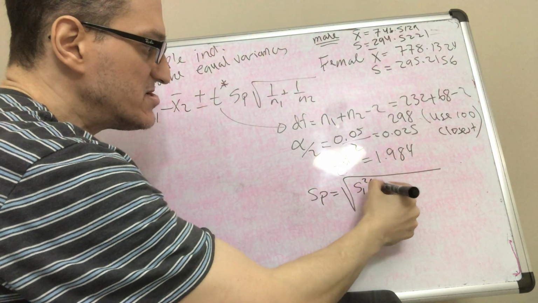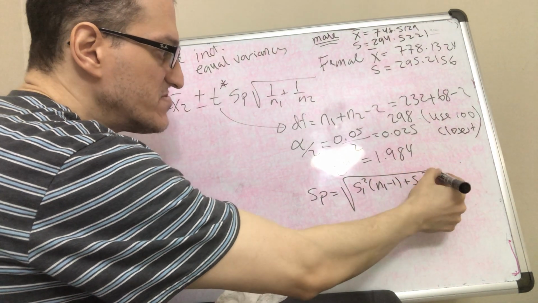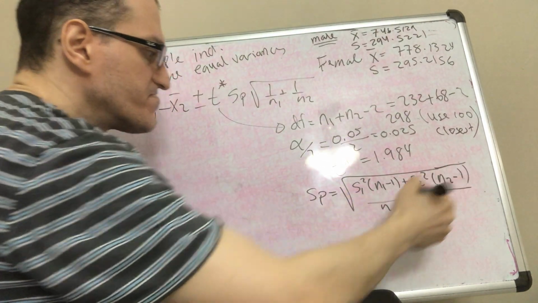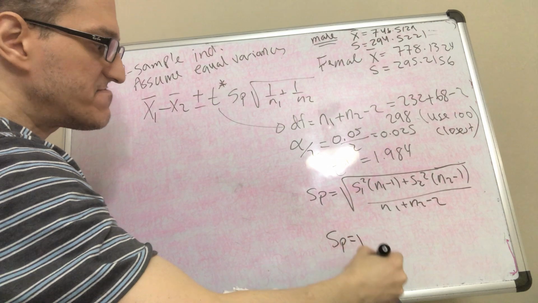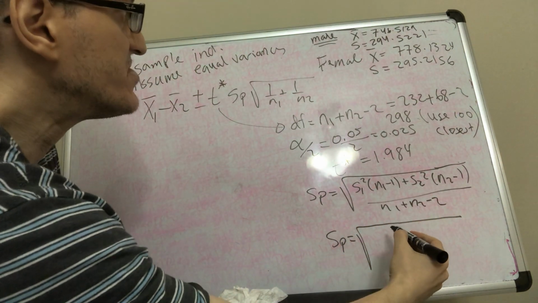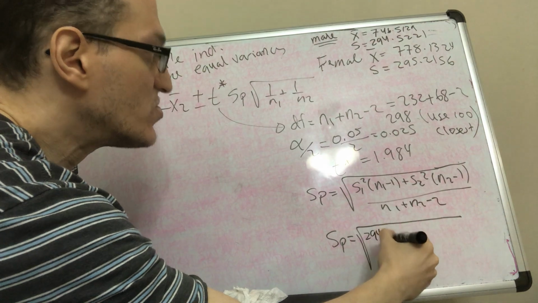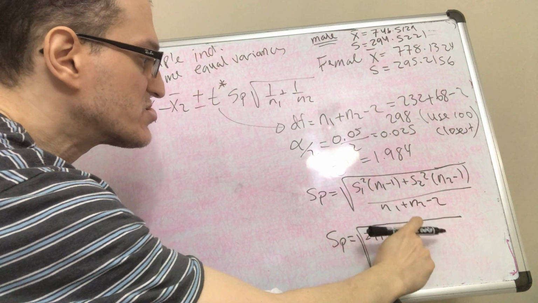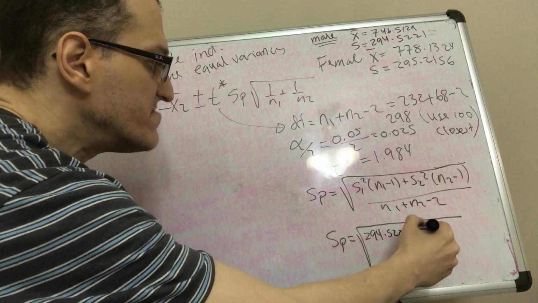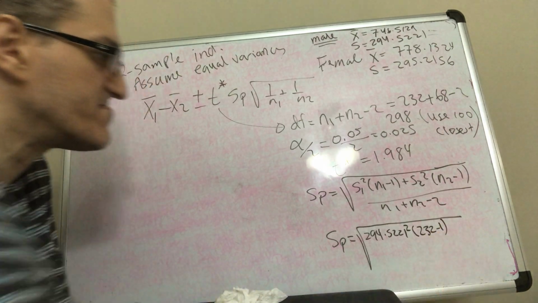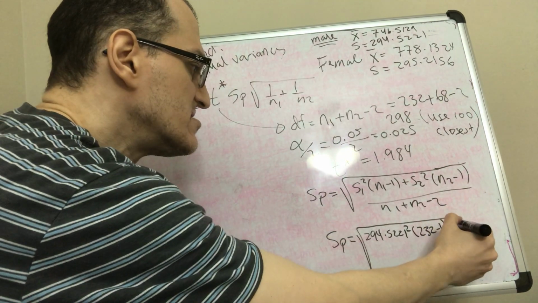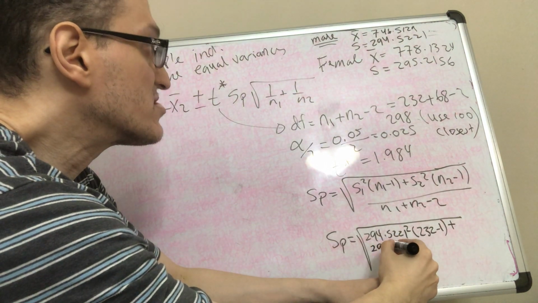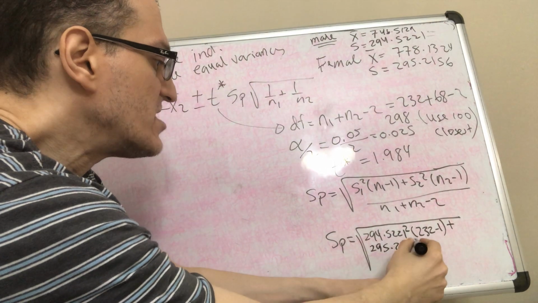Now you also need to do the SP, and we know the formula. It's the square root of standard deviation 1 squared times n1 minus 1, plus standard deviation 2 squared times n2 minus 1, over n1 plus n2 minus 2. The first standard deviation is 294.5221. You square this, and 232 minus 1. Plus, you stay in the same line, of course, standard deviation 2 is 295.2156.